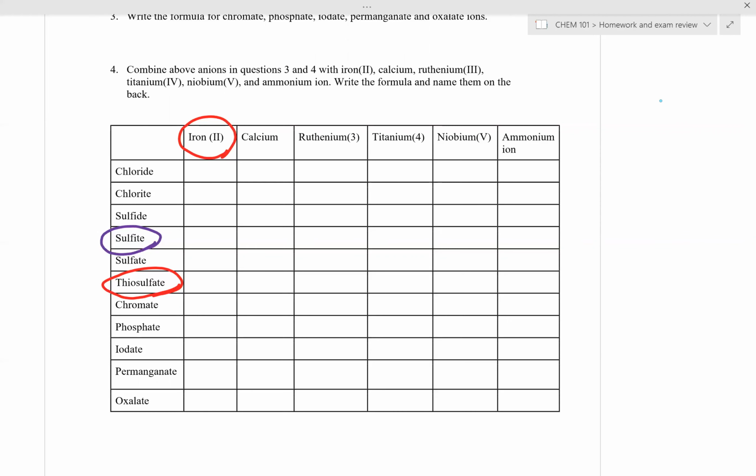And that's going to look like Fe5O3. Wait, Fe what? Do you get it?